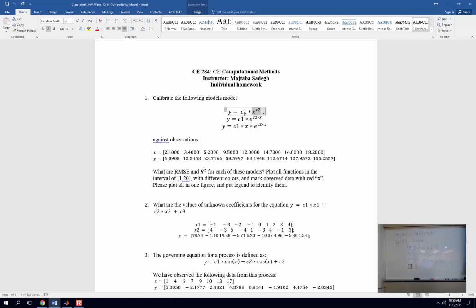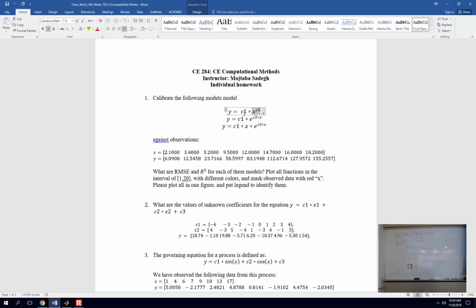Now I can create my matrix A. What are the coefficients for D? Ones, ones of length of x comma 1. What's the coefficient for C2?